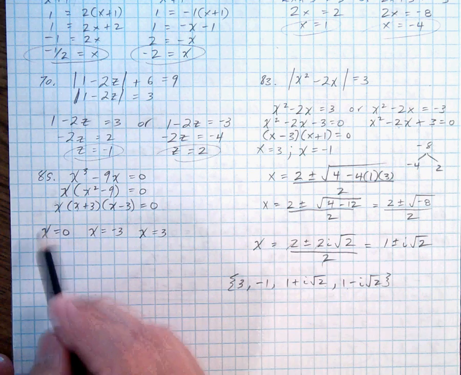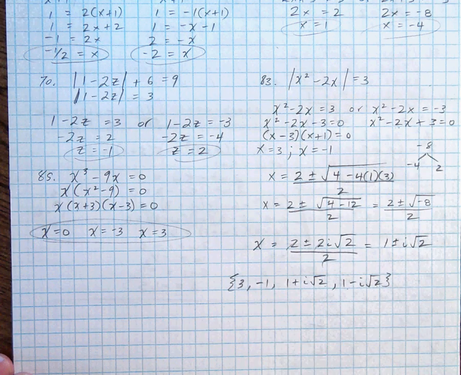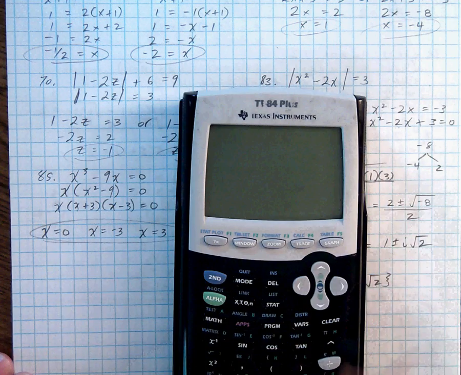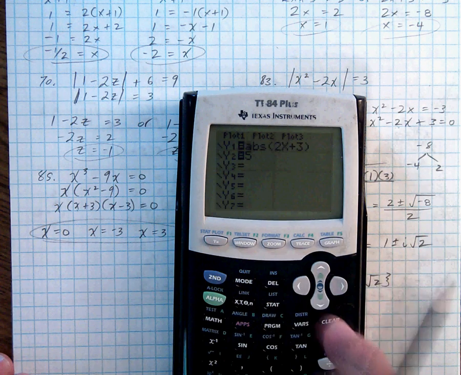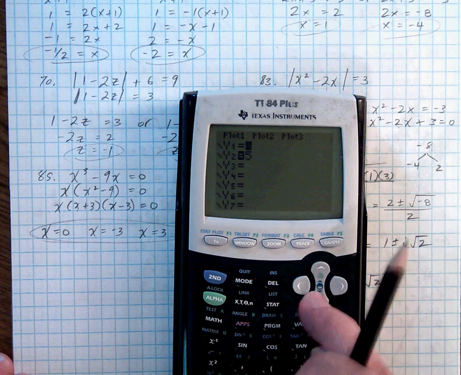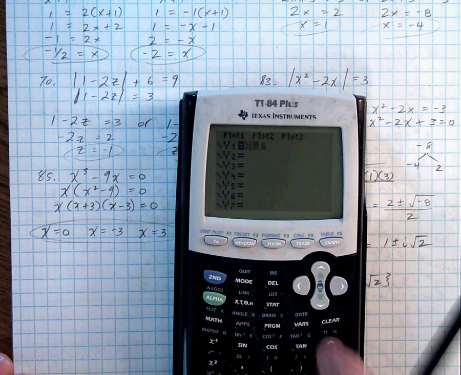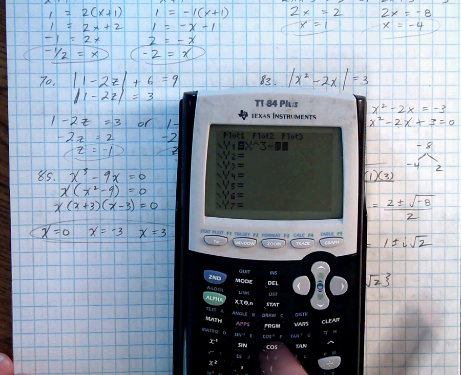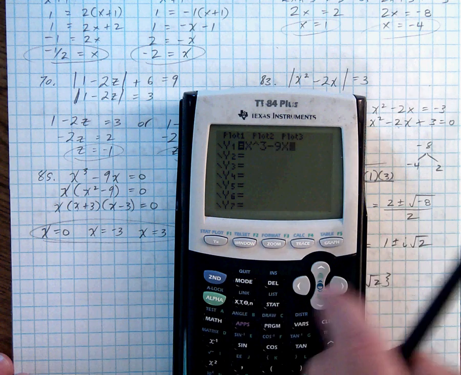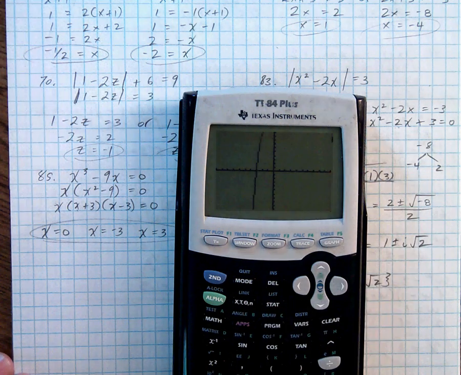So these are all solutions for problem 85. Let's see what that graph looks like. So x raised to the third minus 9x. 1, 2, 3 solutions. All right.